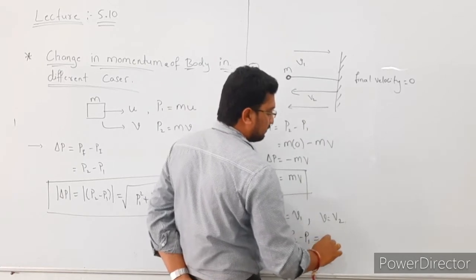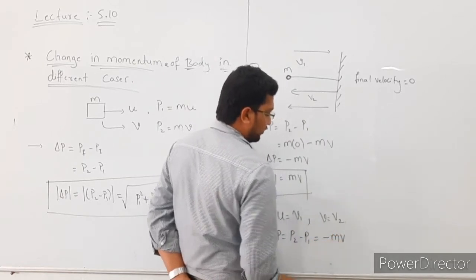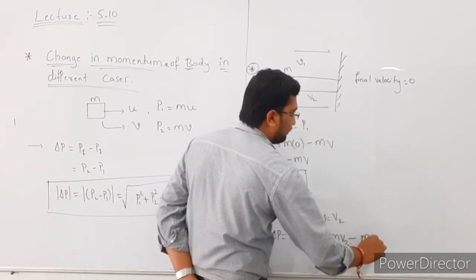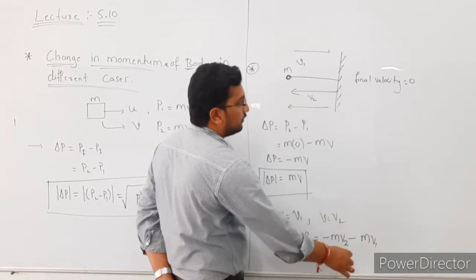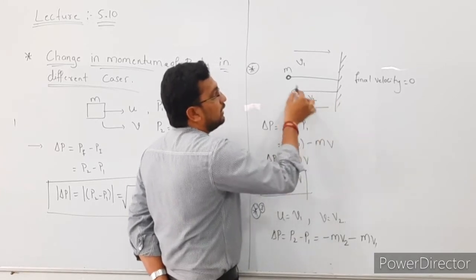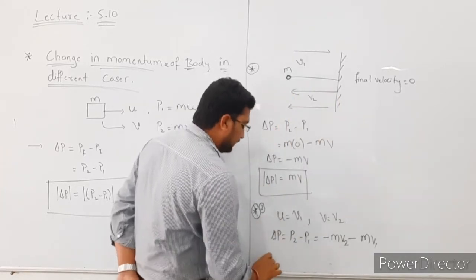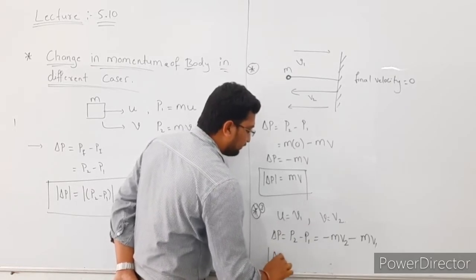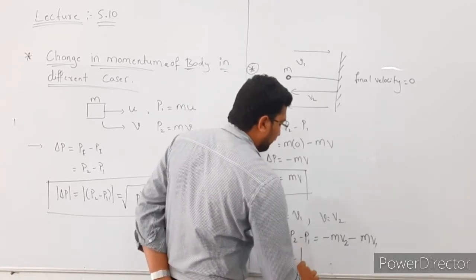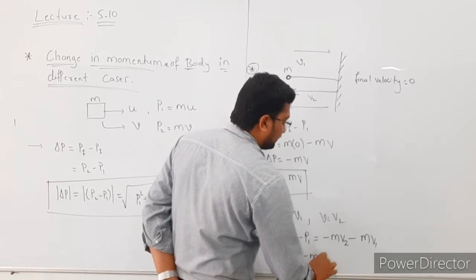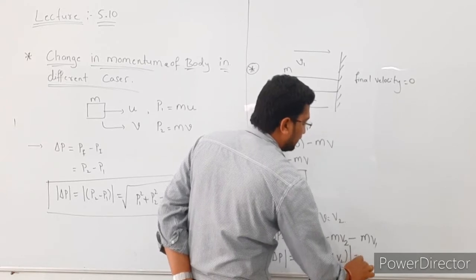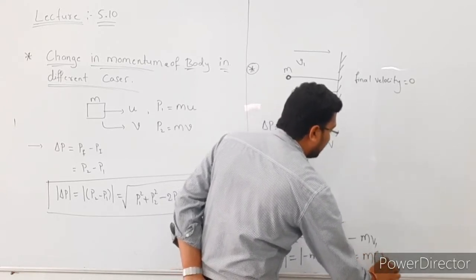So the momentum is minus m into v2, minus the initial momentum, which is m into v1. See here, the momentum of the body after collision is negative because it is moving in the opposite direction to the initial direction of that body. So then the magnitude of change in momentum is the magnitude of minus m common, which becomes v1 plus v2, so this is equal to m bracket of v1 plus v2.